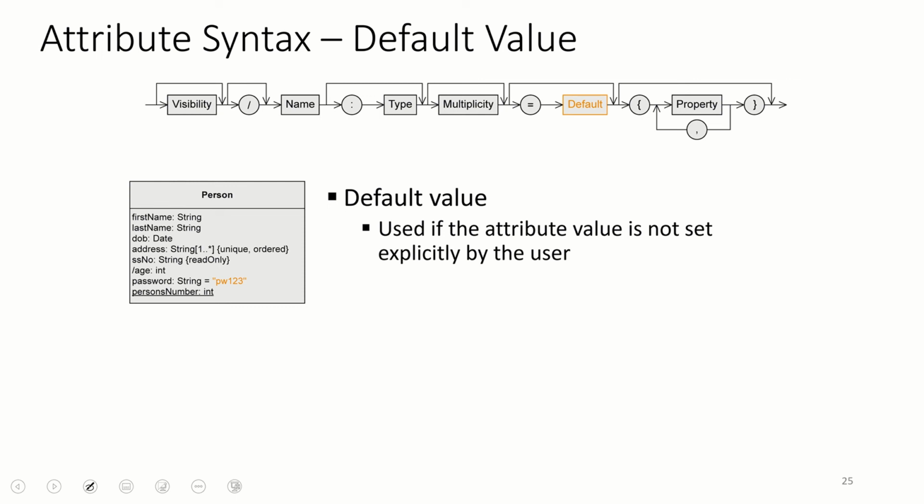This is the same thing. We try to give the default password to this person. So every new object of a person gets the password PW123. This is a way we give the default value, making it easy for the developer to create the object of the class.